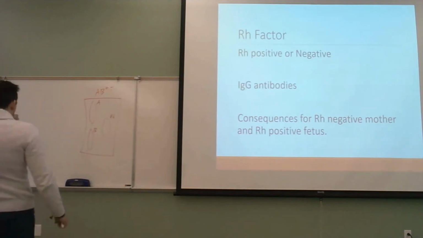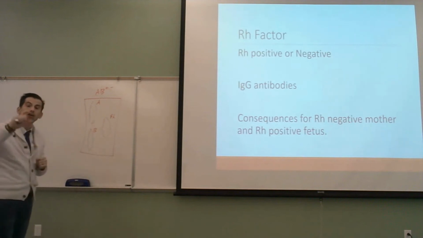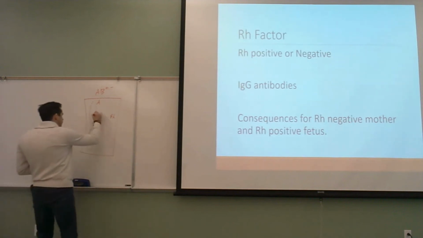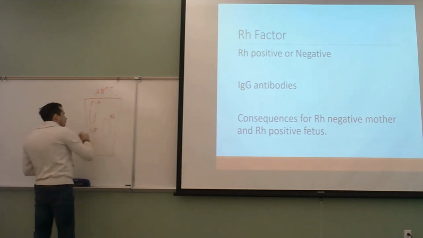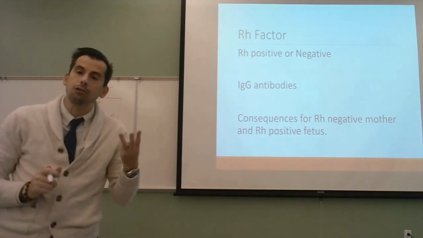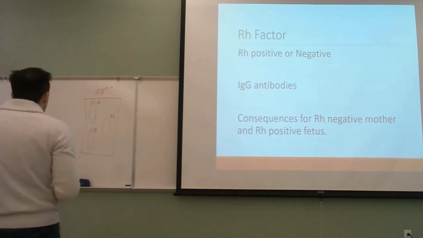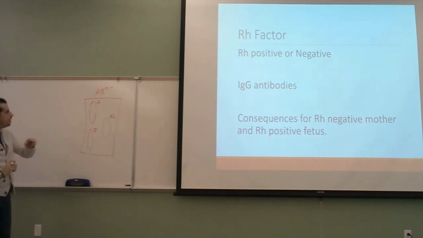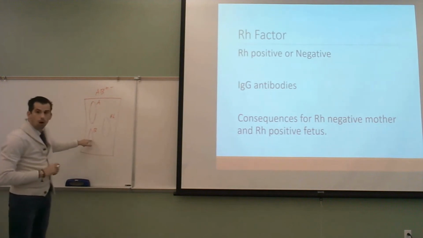You will take your blood, your unknown blood type, put it in all three wells. You will take your three types of synthetic antibodies. You will take your anti-A antibody and put it in the A well. You'll take your anti-B antibody and put it in the B well.